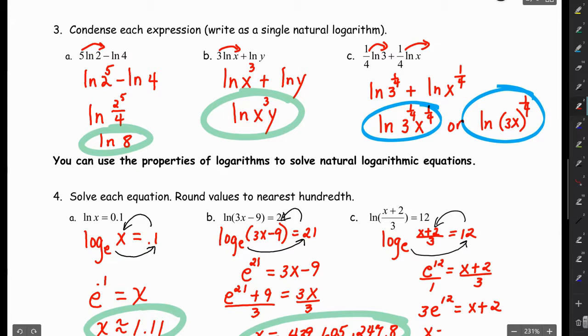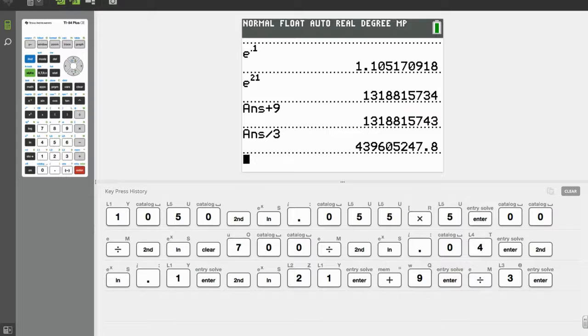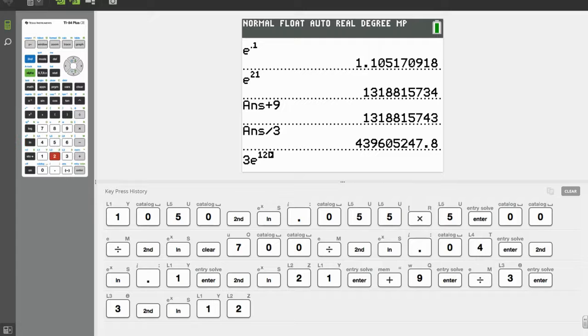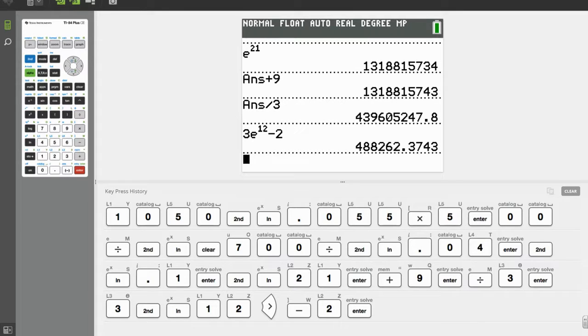So x is equal to 3e to the 12th minus 2. And rounded to the nearest hundredth, we get 488,262.37.